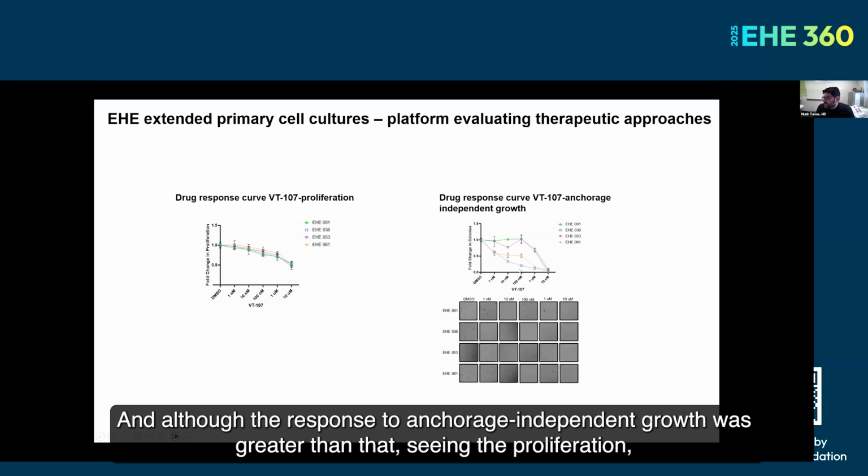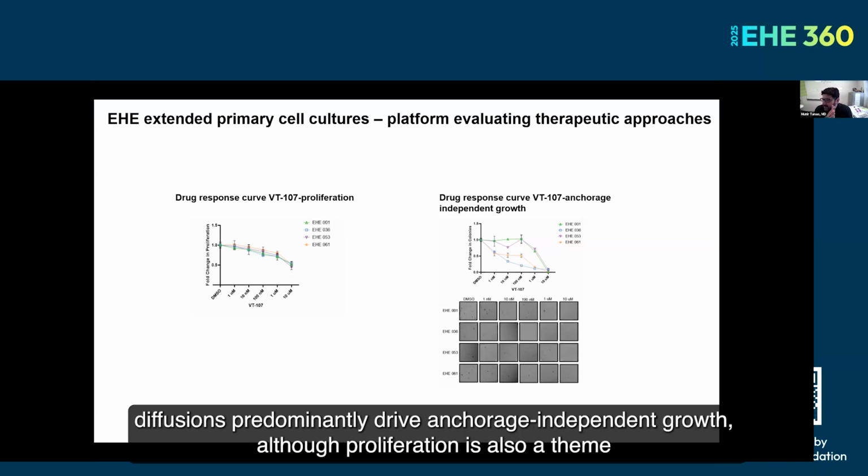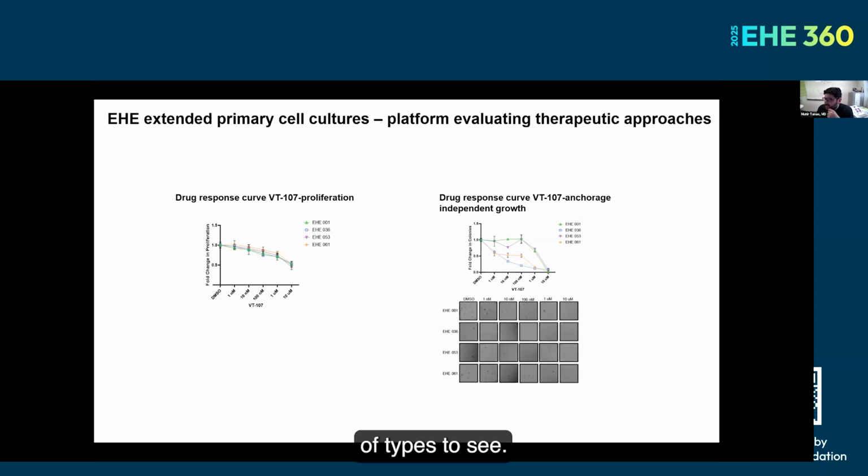And although the response in anchorage-independent growth was greater than that seen with proliferation, this is consistent with what we've seen with human-engineered cell lines, that expression of the fusions predominantly drives anchorage-independent growth, although proliferation is also one of the phenotypes seen.